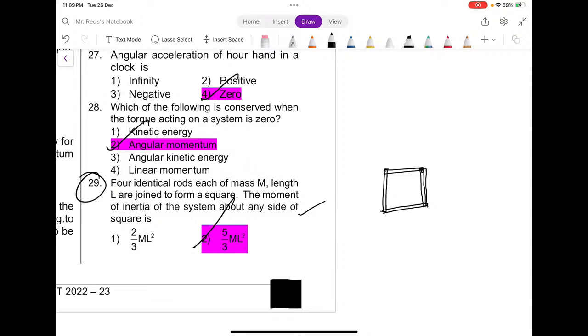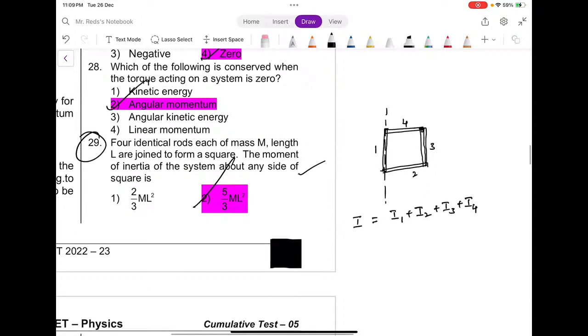The moment of inertia of the system about any side of the square is, let us consider the axis is passing through this side. Let us say this is the first rod, this is second rod, this is third rod, this is fourth rod. So the total moment of inertia of the system is equal to the moment of inertia of the first rod plus the second rod plus the third rod plus the fourth rod.